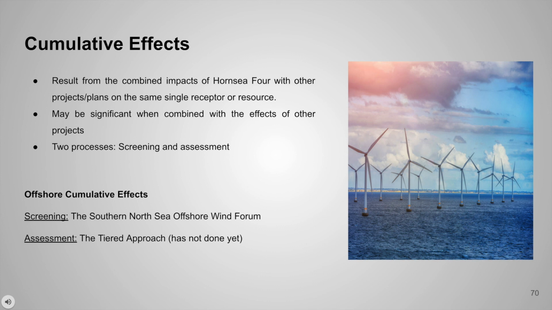In the context of Hornsea 4, indirect effects falling within this definition are likely to be scoped out, since the project will not lead to long-term changes in population or the pattern of land use and the consequent effects of these. And there are two processes to this cumulative effect. One is screening, the other one is assessment. In the screening, the southern North Sea offshore wind has been screened, and the assessment part is the tiered approach.